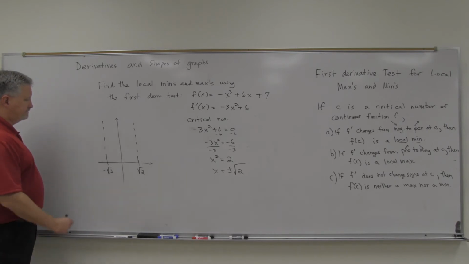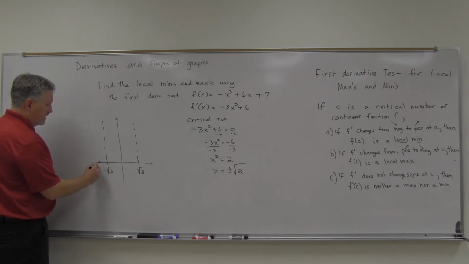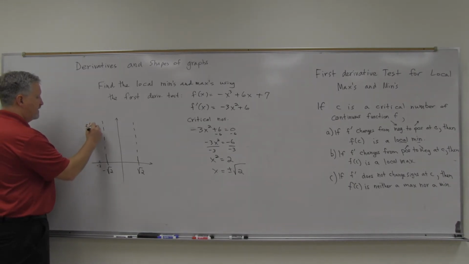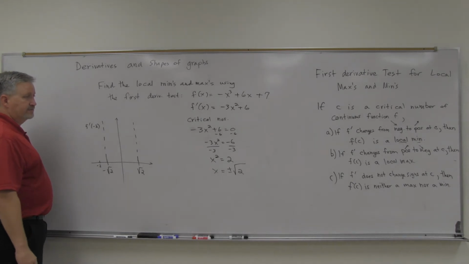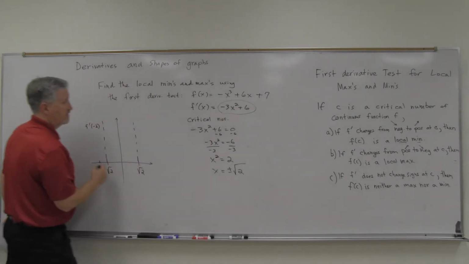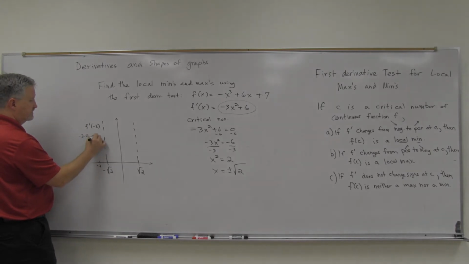Both things you can read right off of this derivative chart here. Okay, so out here, that's about 1.4, so this is about a negative 1.4. If I wanted a value out here, let's go with negative 2. I'm just going to plug in, find out my first derivative at negative 2. What value do I have? Well, plugging it into the first derivative, that'd be negative 3 times negative 2 squared, so it'll be times 4 plus 6.